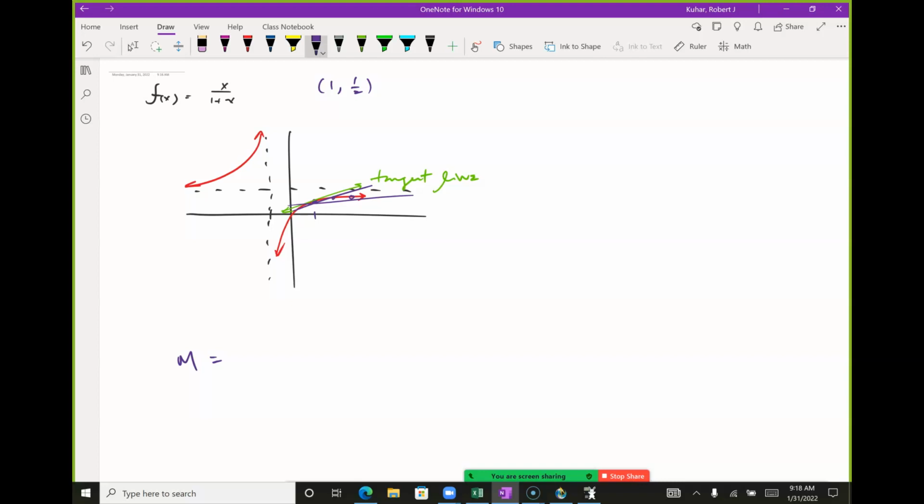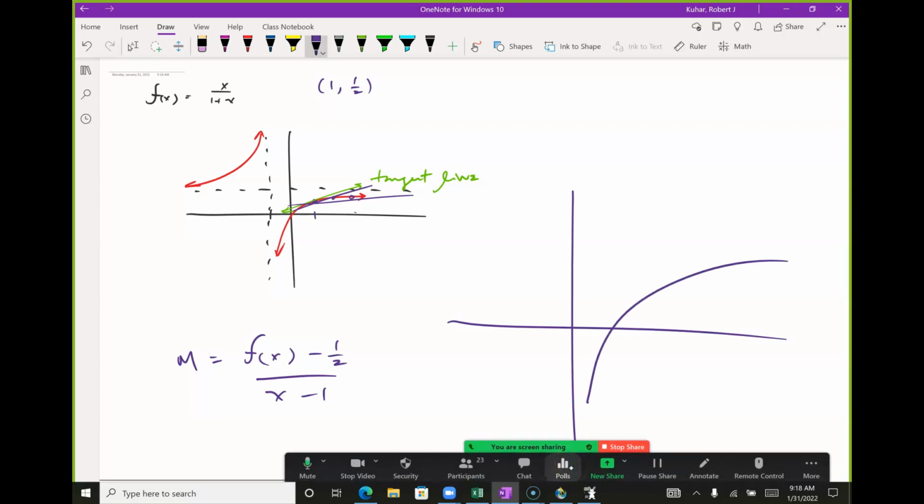So my fixed point is going to be 1, 1/2, and my arbitrary point is going to be x, f of x. So I need f of x minus 1/2 over x minus 1. Let me draw the picture a little differently.